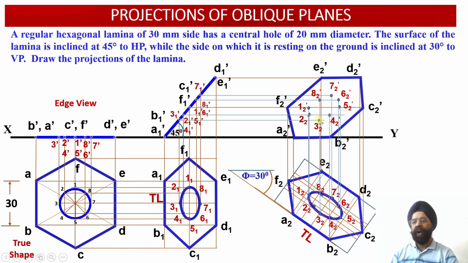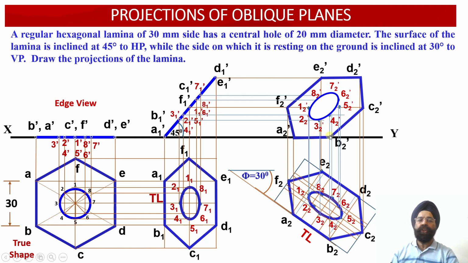This way all the 8 points which correspond to an elliptical projection in the front view have been obtained corresponding to the central hole. So the apparent shape of a hexagonal lamina carrying a central hole has also been obtained over here.